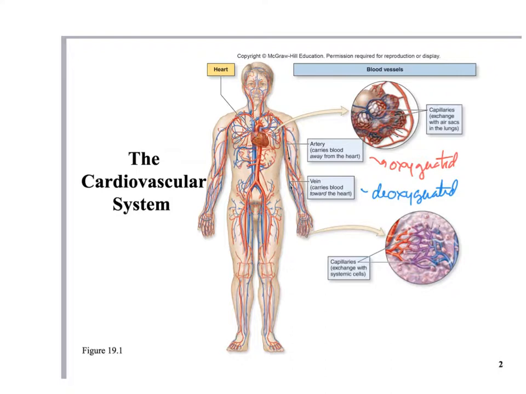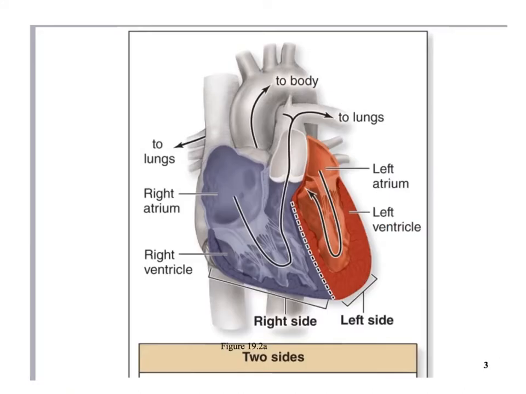So we're going to start with the top of the heart, okay? The heart, it is the pump. It is a two-sided pump, okay, with 4 distinct chambers. The right side of the heart pumps mainly deoxygenated blood to the lungs. That's driving what we call the pulmonary circuit, okay?